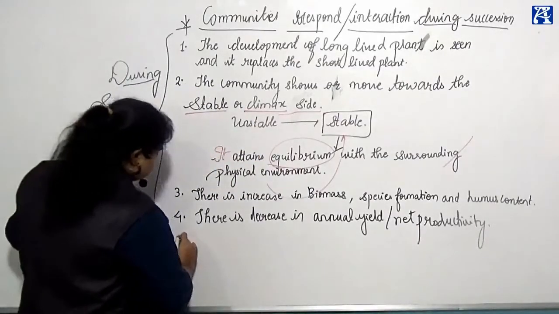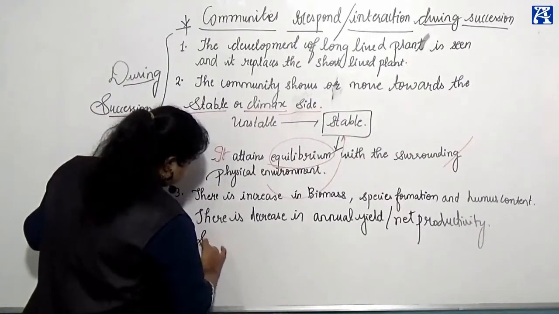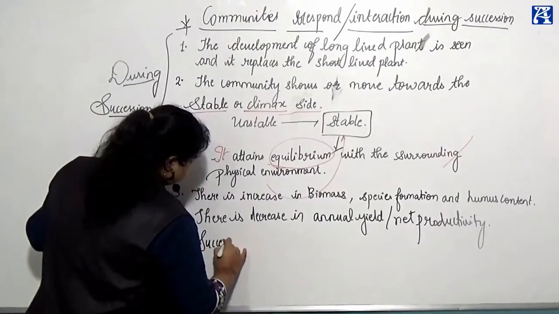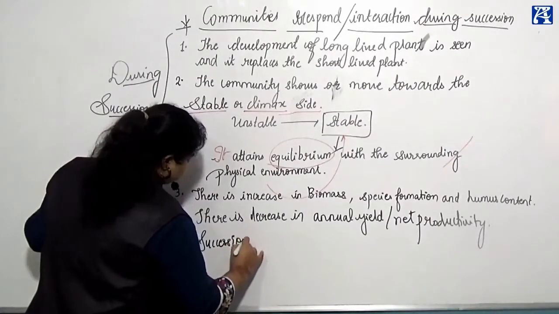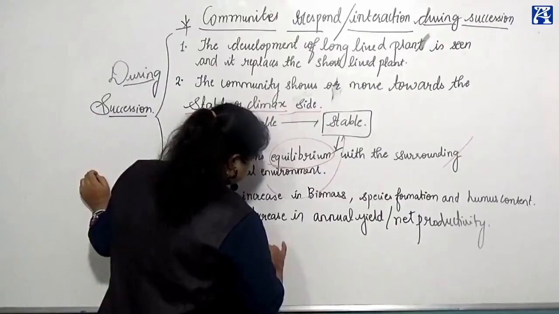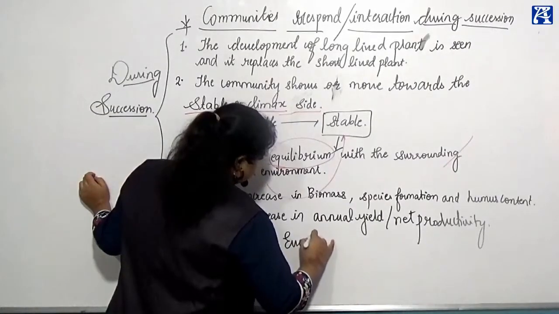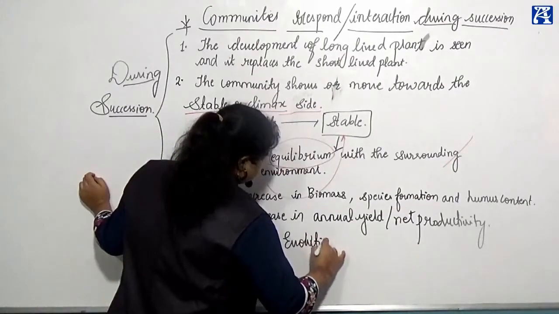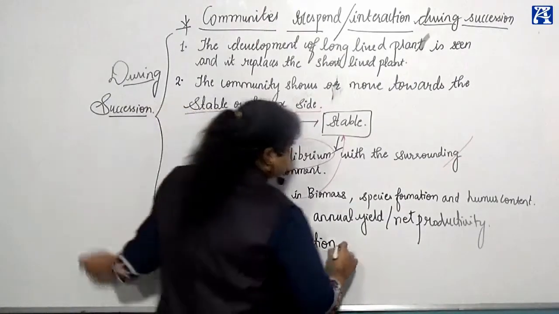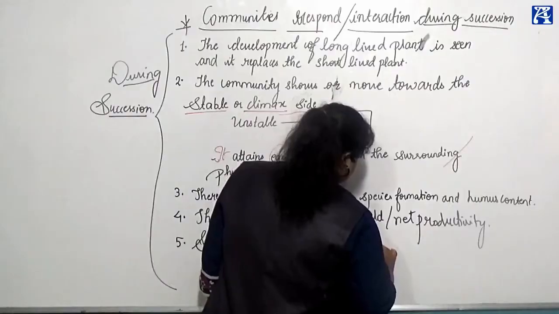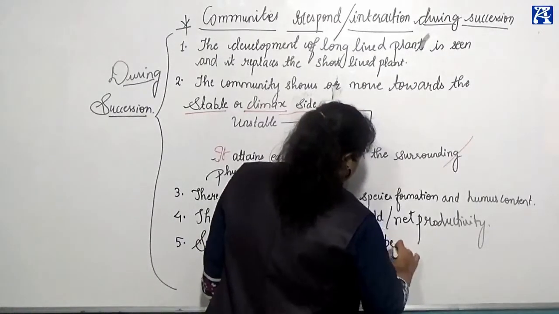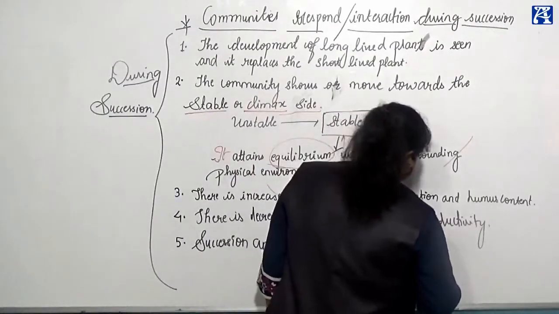Next point is that succession and evolution would be parallel in nature.